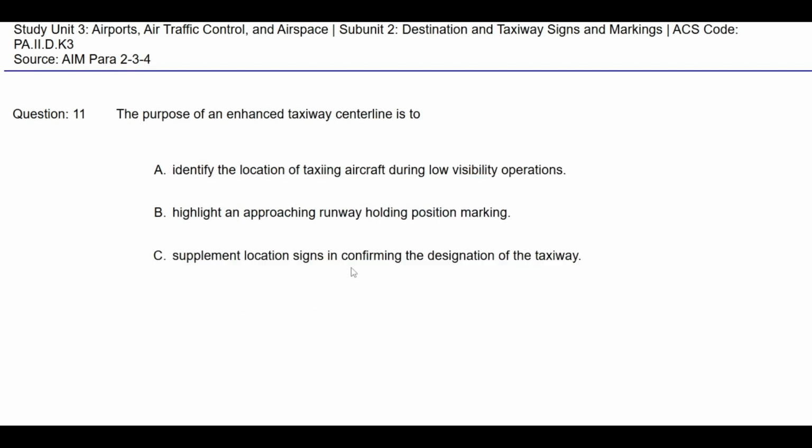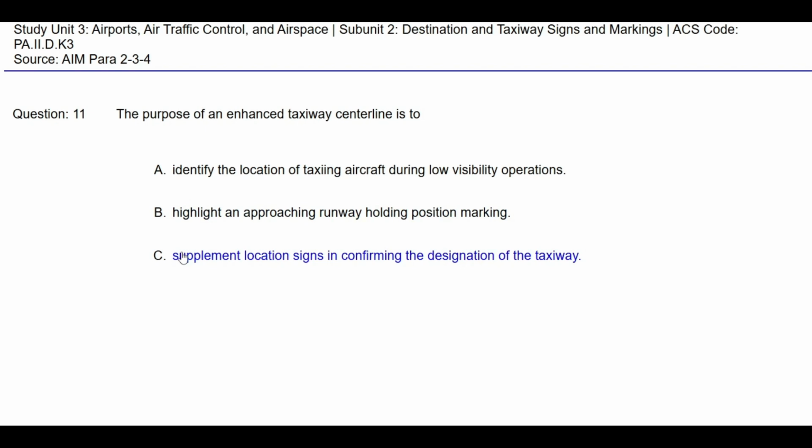Question 11. The purpose of an enhanced taxiway centerline is to A, identify the location of a taxiing aircraft during low visibility operations. No, that's definitely not the answer. B, to highlight an approaching runway marking. Okay, that's a good answer. C, supplement location signs confirming the designation of the taxiway. The best answer is B or C. Remember, enhance does not mean highlight.